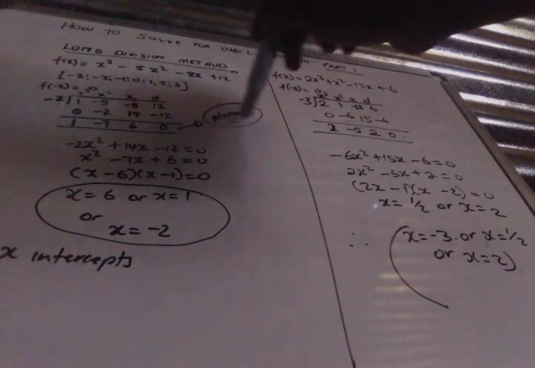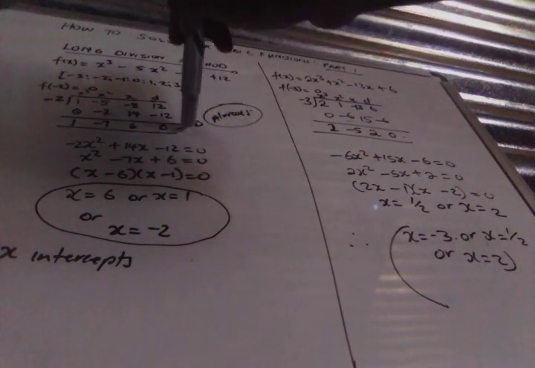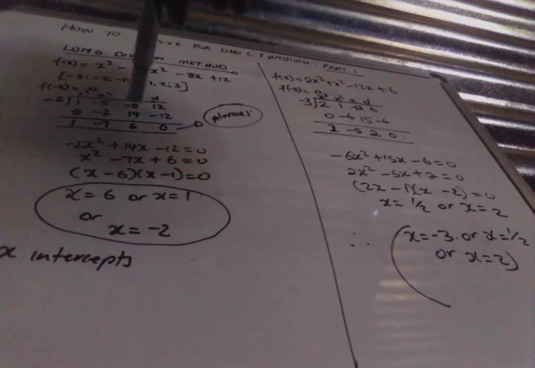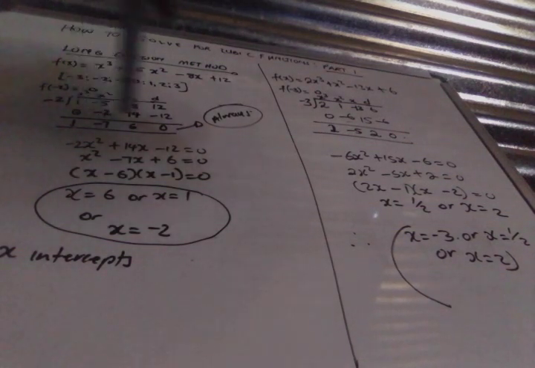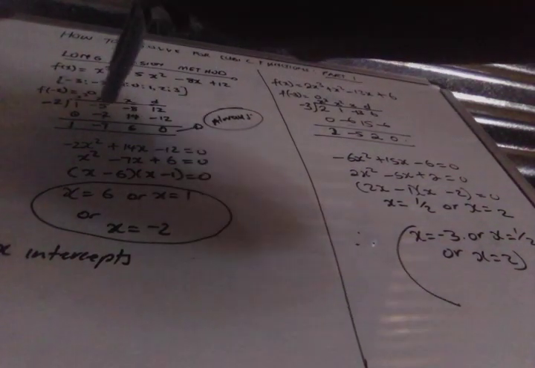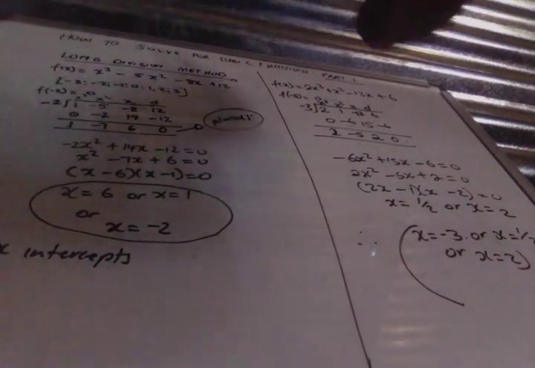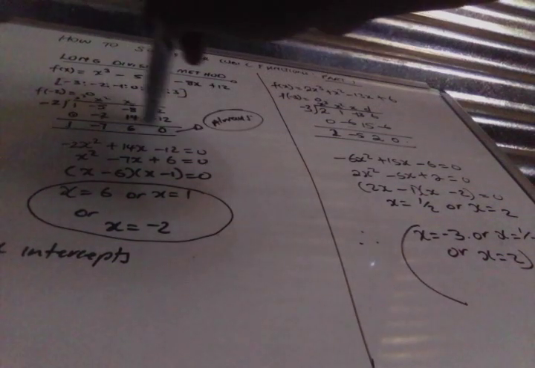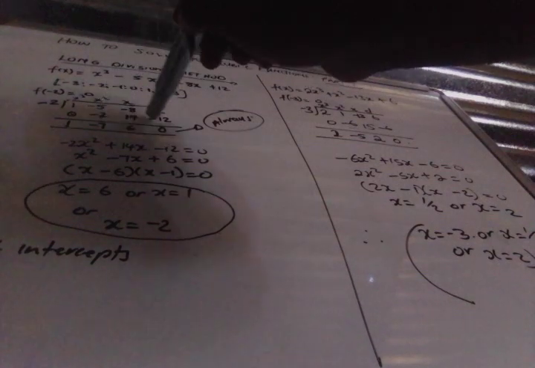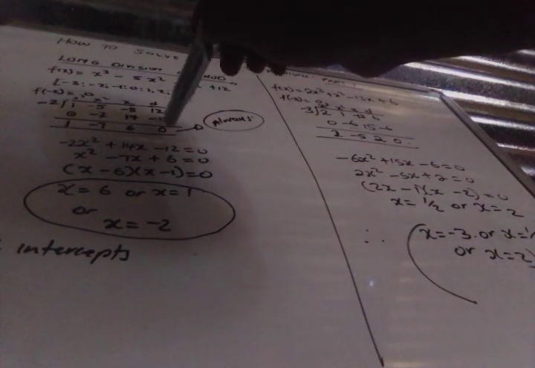From this point onward, after getting to the 0, you'll have to find another equation from here. If you look at the second row of the long division, you will see that the x cubed is 0, so we'll take this equation. This -2 represents the x squared. So we'll have -2x squared plus 14x minus 12. This is a new equation.